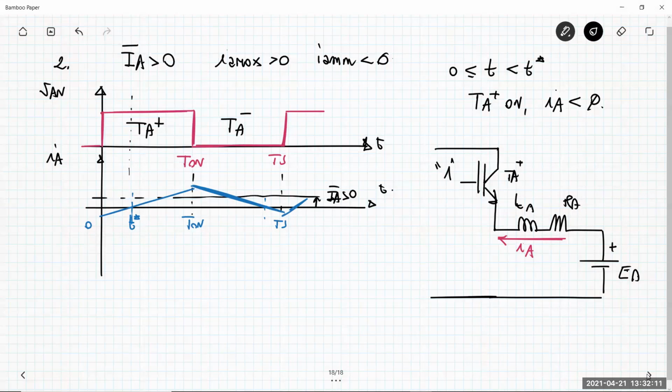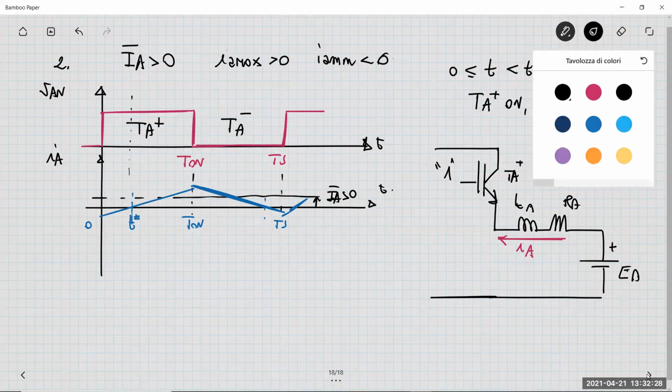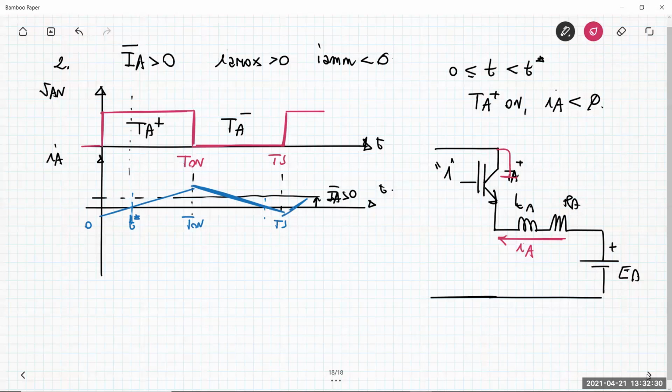So what is the device that conducts the current? The current cannot be conducted by the transistor TA plus, and it cannot be conducted by transistor TA minus because it is off. It can be conducted by a diode, so the only possible way is this diode here, which is called DA plus.